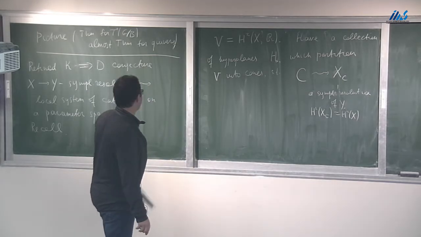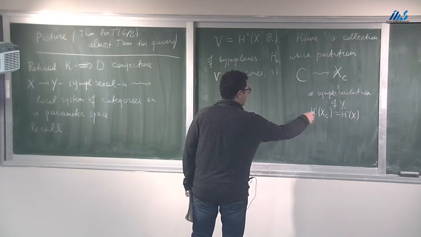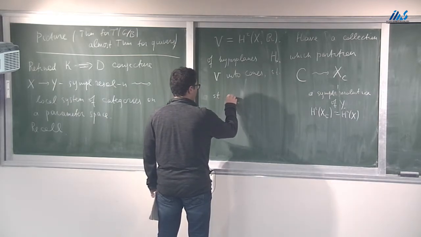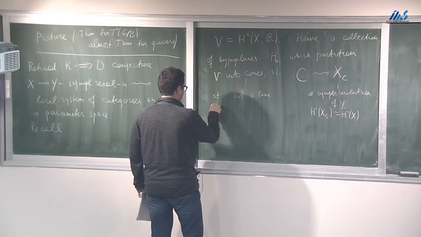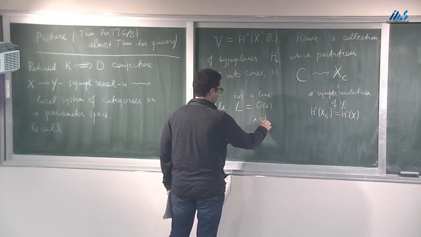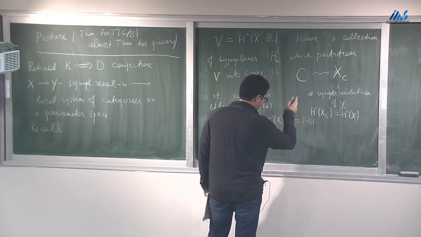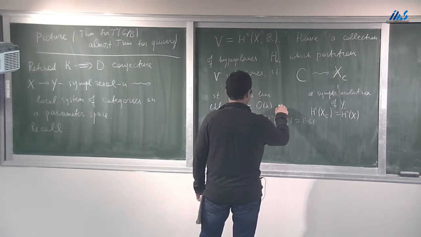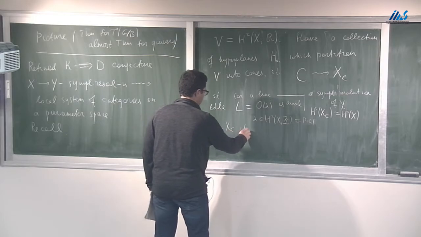From this perspective, we start with X. And so the classes of ample line bundles, a line bundle L, well, maybe I'll use this notation O of lambda, where lambda is in H2 of X, Z, or at least more torsion, is ample for XC if and only if lambda is in C.